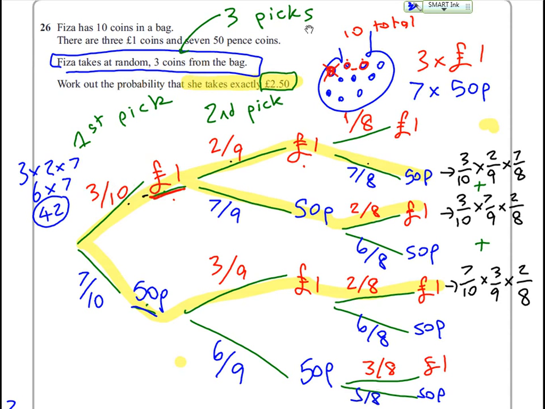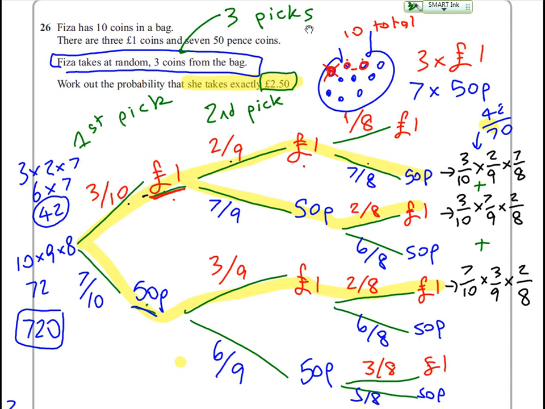And 10 times 9 times 8. 9 times 8 is 72, times it by 10, 720. So this fraction here is actually 42 over 720, not 420.